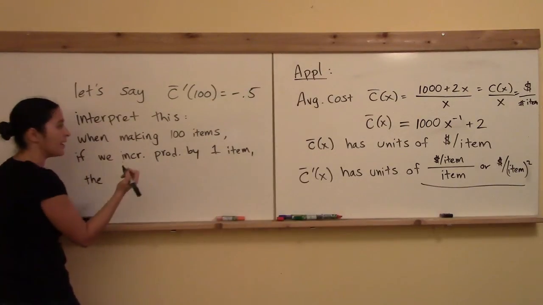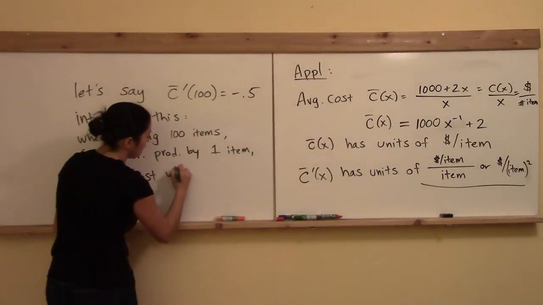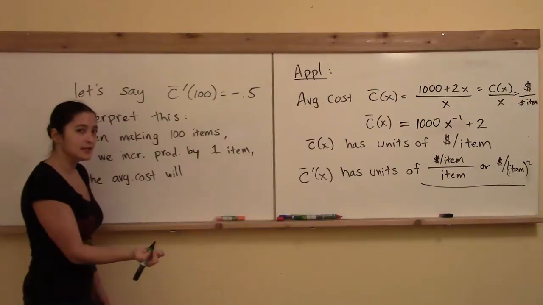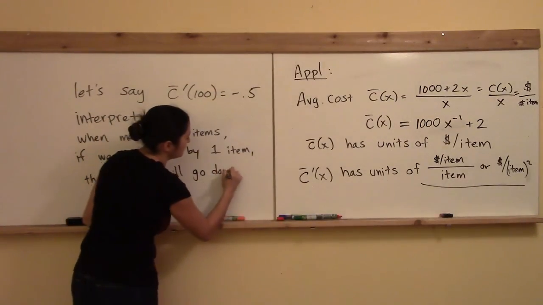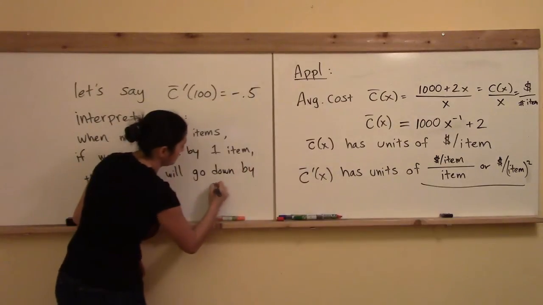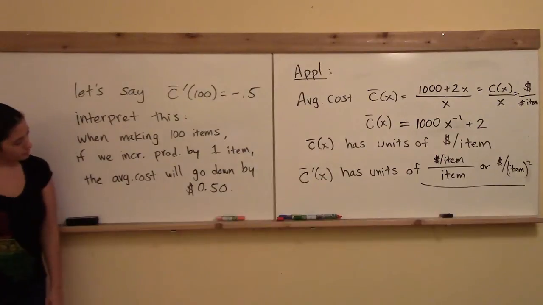And what's the y? The average cost. In this case, it's negative, so it's not going to go up. It's going to go down by 50 cents, by half a dollar.